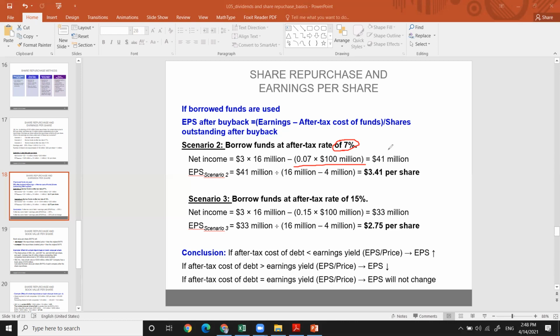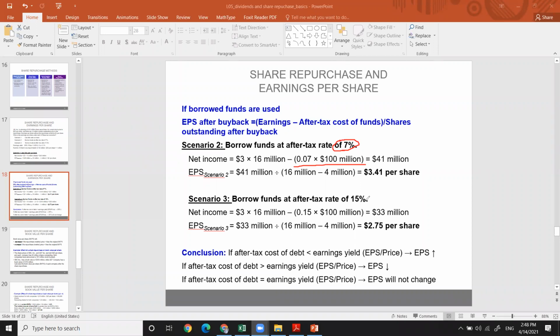But if, for example, the question would be, would it be profitable in the first scenario and second scenario? Then we can just do it on the assumption that 12 is greater than 7, and 12 is less than 15.